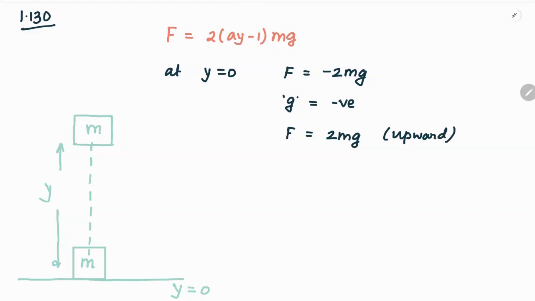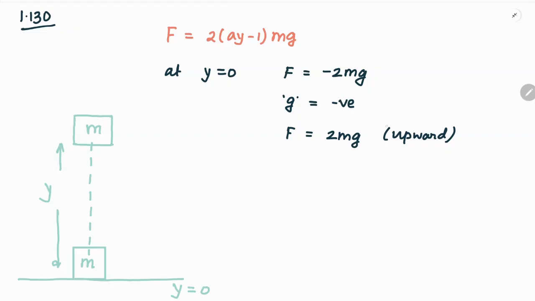Unless we understand this aspect, it is difficult to consider the upward motion of the particle. The question wants us to think this way: if g is negative, then only F equal to 2mg will be in the upward direction.